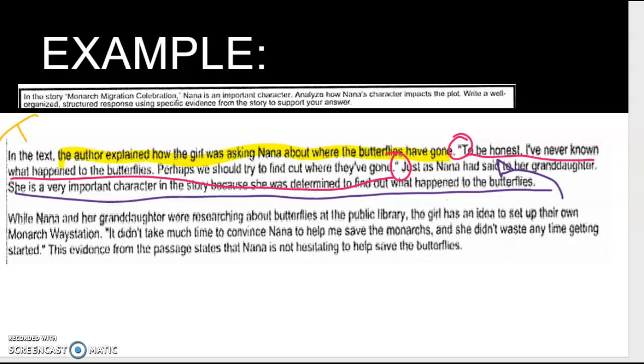It didn't take much time to convince Nana to help me save the monarchs, and she didn't waste any time getting them. The evidence from the passage states that Nana is not hesitating to help save the butterflies. So right here, there's your transition and your answer. Here is your direct quote, and we know it's a direct quote because it has quotation marks around it. And then there's the explanation because they're explaining the passage, okay?